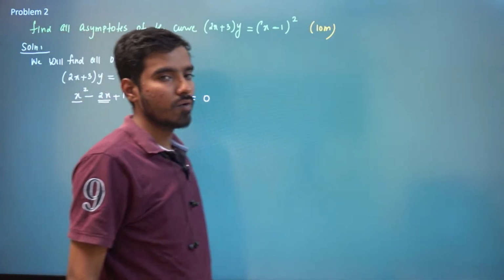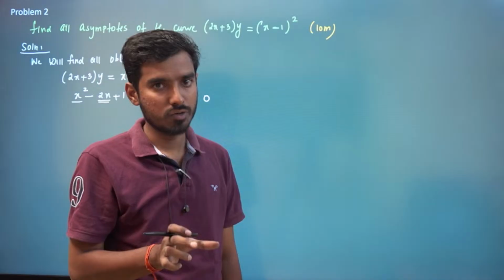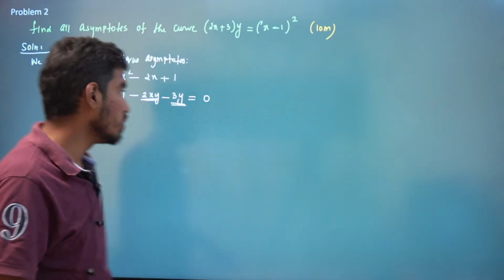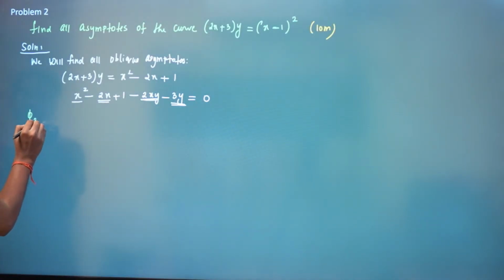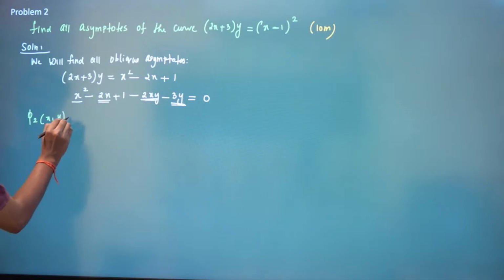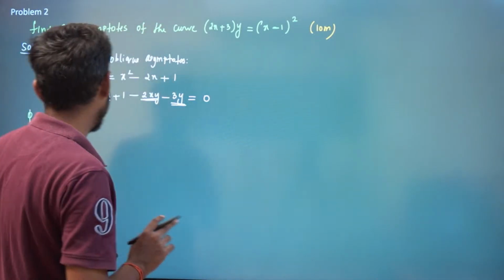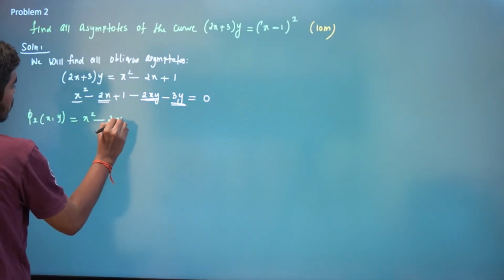So you have to collect by degree. Here we have degree 2, degree 1, degree 0. Suppose if I have degree 3, degree 2, degree 1, degree 0, you have to write all those. I'm going to call the first P2 of x comma y, which is the highest degree, 2 in this equation. That term is x square minus 2xy.